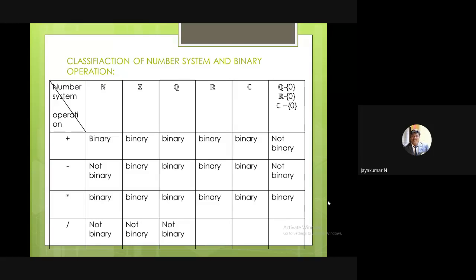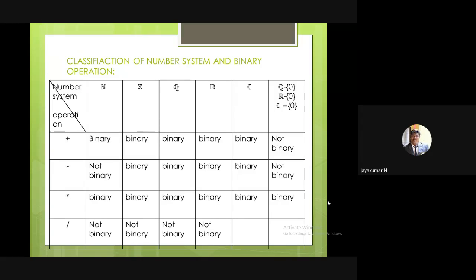Sanjay, is it correct? You gave the answer no. Sir, I thought you meant Q minus 0, sir. Okay, thank you. So next one, similarly R. Definitely R also not binary because infinity does not belong to R.